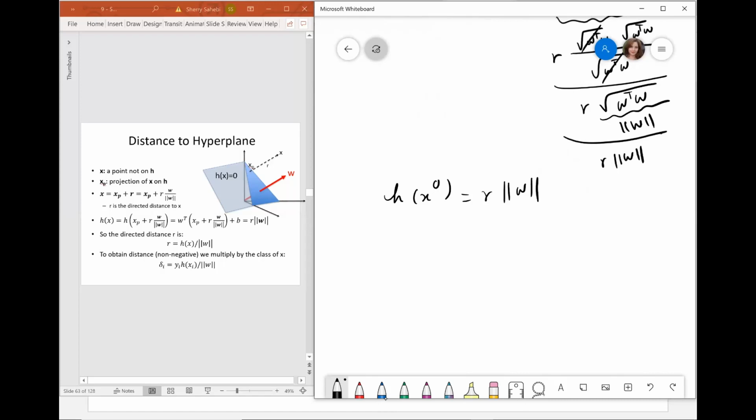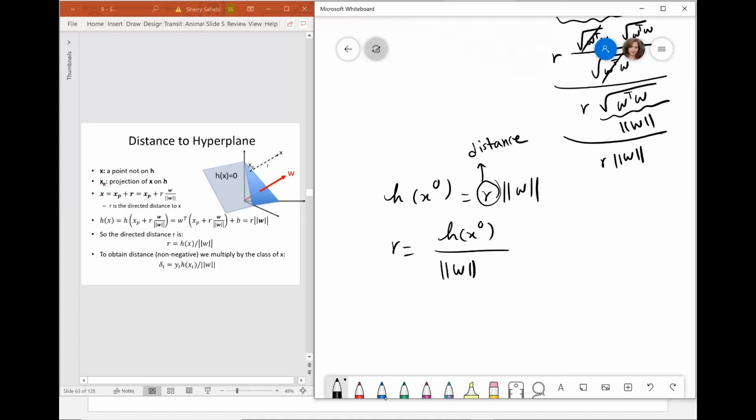In other words, because we were looking for this scalar, what is this scalar? It is the distance from x0 to our line, right? So R will be equal to h of x0 divided by norm of W. But this is a directed distance, so it can actually be negative.